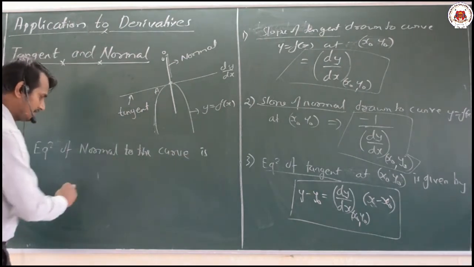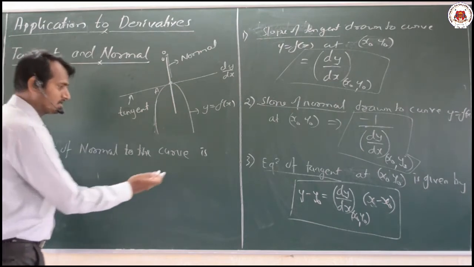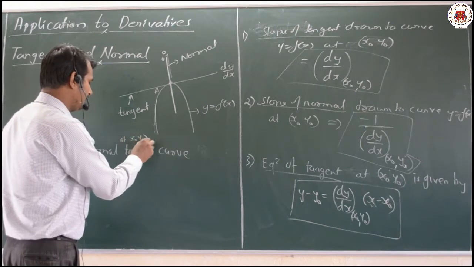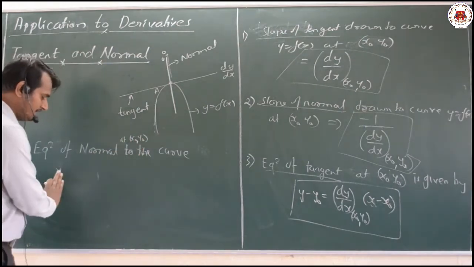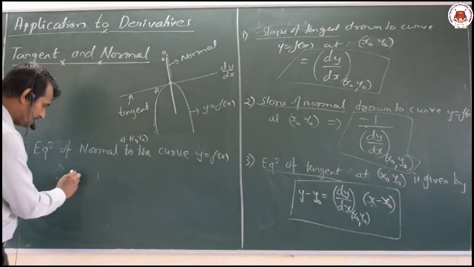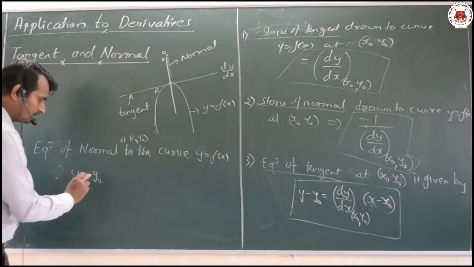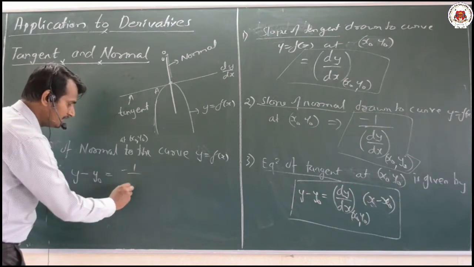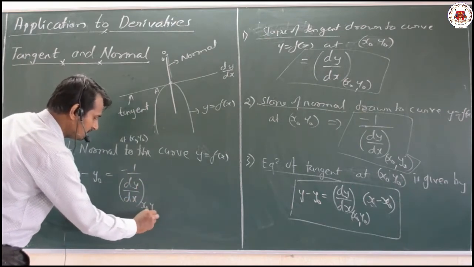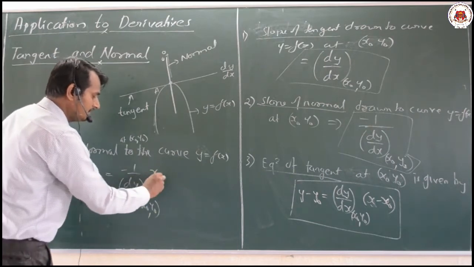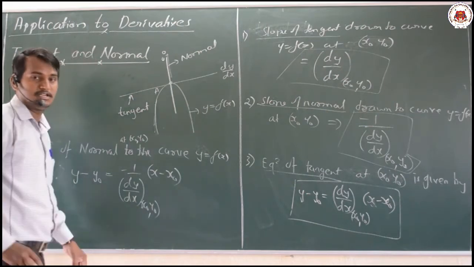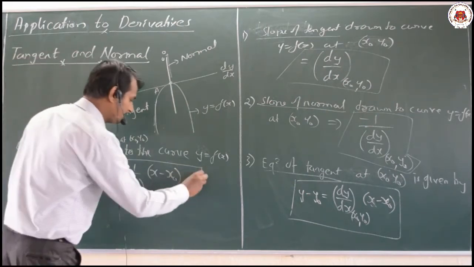The equation of the normal at x naught, y naught to the curve y is equal to f of x is given by y minus y naught equal to minus 1 divided by dy by dx at x naught, y naught into x minus x naught. That is the required result. Very simple thing here.